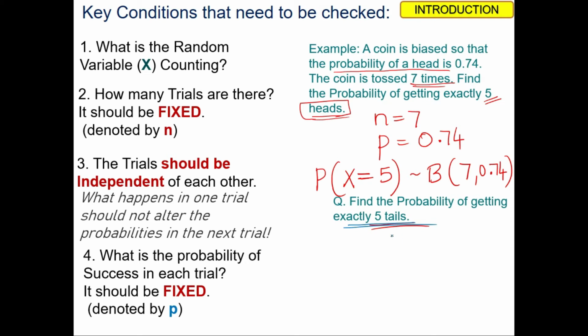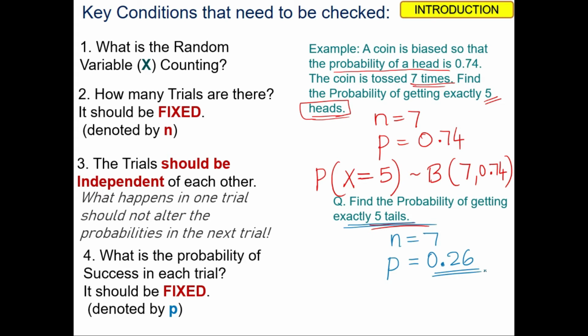So in this case, again, the number of trials remain the same, but the probability is going to be 0.26. So why is it 0.26? Because the probability of getting a head is 0.74. So the probability of getting a tail should be 1 minus 0.74, which is 0.26.